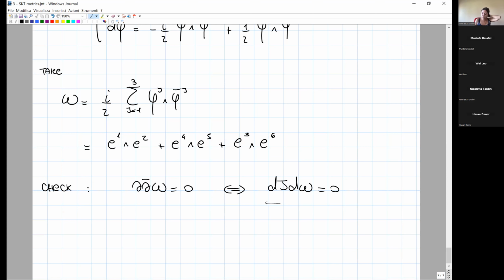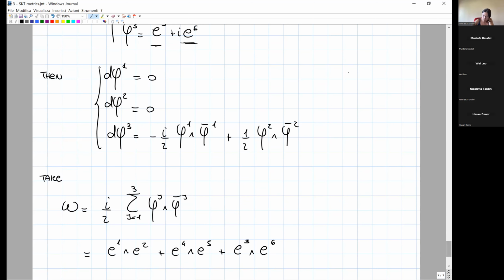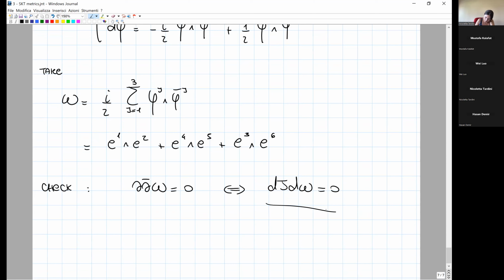I want to show you this, so I will do the computation for this. But you can also do delta bar omega using the complex structure equation that you have here. So let me compute dJd omega.